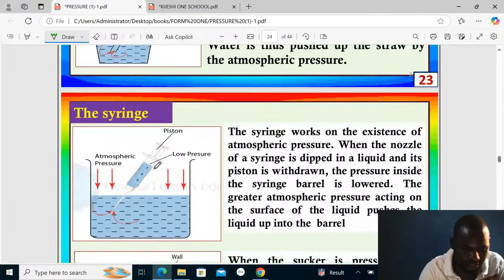We still have the action that is helping us to get liquid drugs into the syringe. The same scenario happens. So the moment you pull the piston outwards, you lower the pressure inside the syringe. Then high atmospheric pressure will force the liquid drug into the syringe.